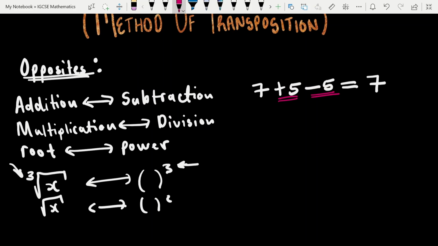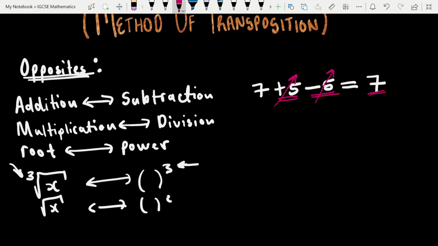The opposite of an addition is a subtraction. So if I add 5, then I subtract 5, I'll get 7 again, as if I've done nothing. Adding 5 is exactly the opposite of subtracting 5. These two are opposites, so they cancel one another and you get 7 again.